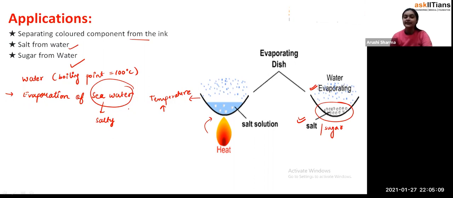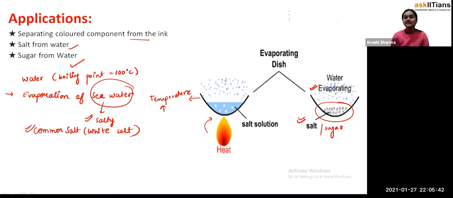So my dear student, the salt which we use in our houses, we generally get from seawater. We dig a large pit and pour the seawater into it, and the sun acts as a source of heat. Due to the sunlight, water evaporates from the pit and we get the salt. The common white salt we use in our houses is generally prepared by this method.